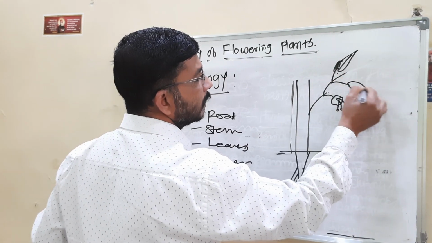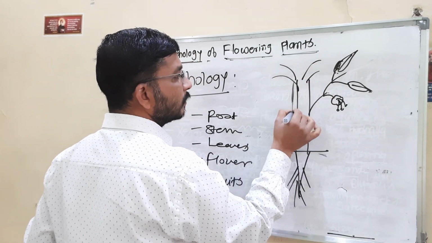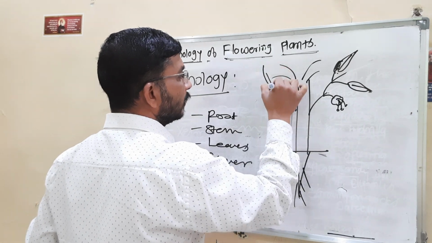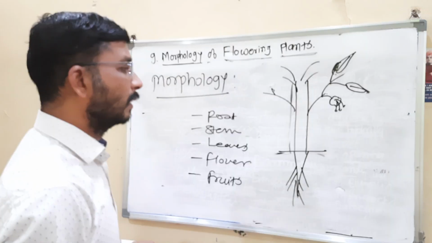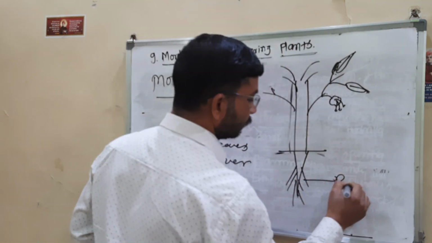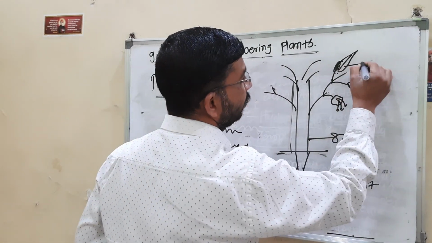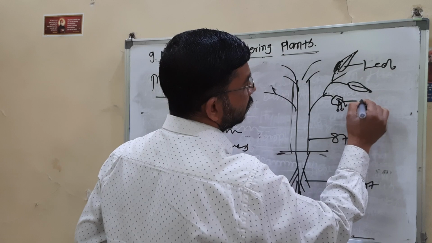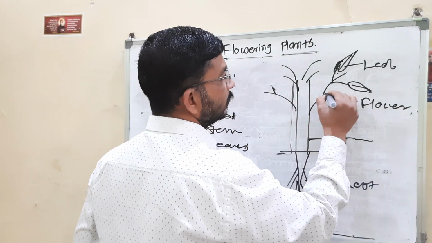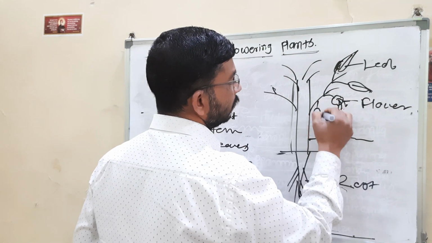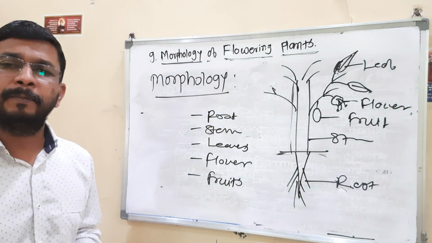A number of leaves are present there. This is the root, this is the stem, this is the leaf, this is the flower, and here we find a fruit. This is a typical structure of a plant.